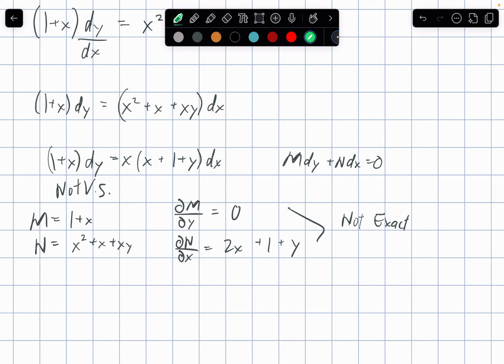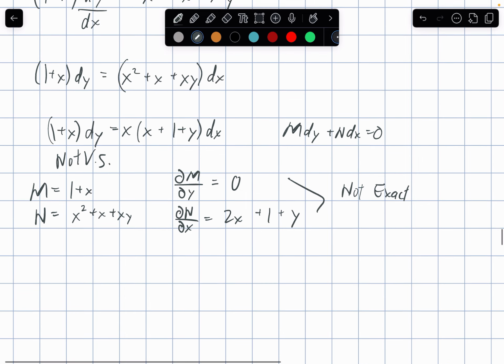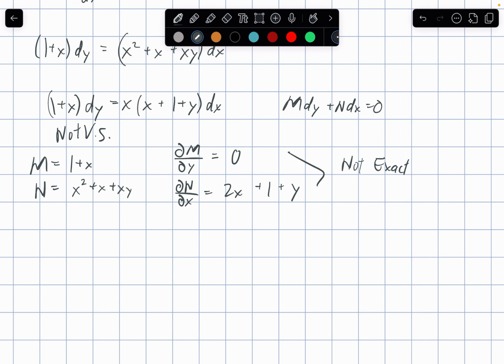So is 1 plus x dy equal to x squared plus xy dx linear in x or y or both? My hypothesis is it is linear in both x and y.